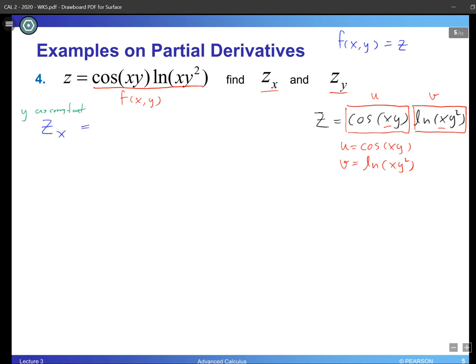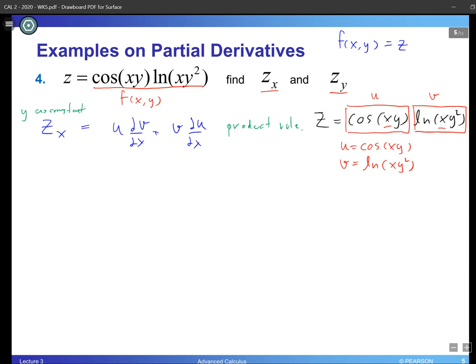So the product rule is u dv by dx plus v du by dx. And make a note right here that we need to apply the product rule.